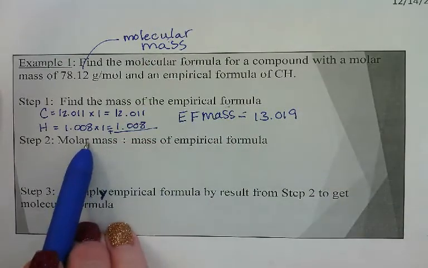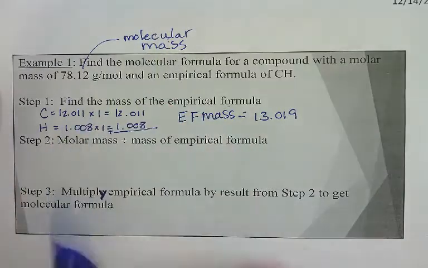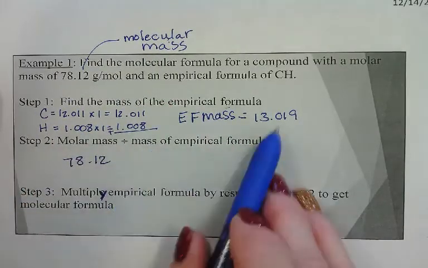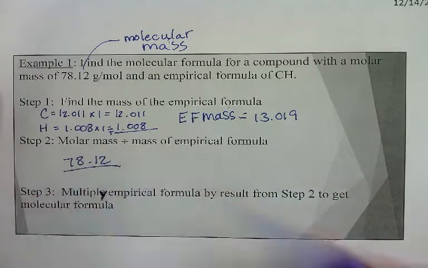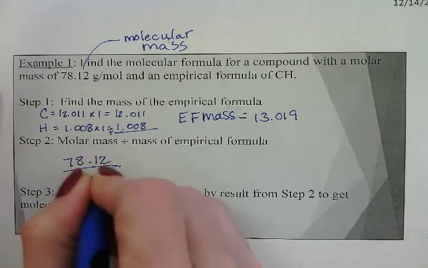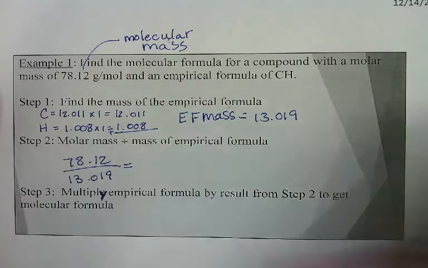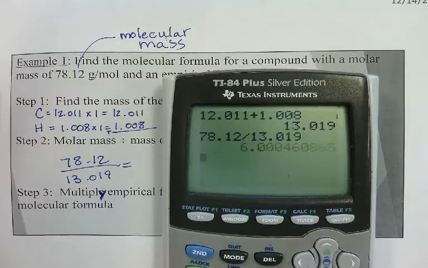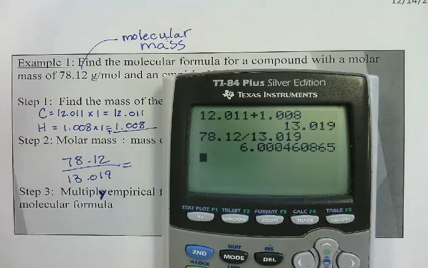Well, we have the molecular formula mass up here. So the way we calculate, what we do is we take the molecular mass, 78.12, and we divide it by the mass of the empirical formula, 13.019. 78.12 divided by 13.019. Look at that, whole number. That's a 6.